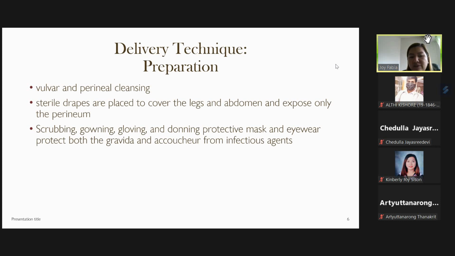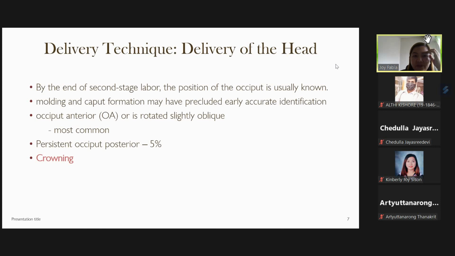Then that's the time that we should do the scrubbing, gowning, gloving, and donning a protective mask and eyewear to protect not only the accoucheur, or us, the doctors or midwife, but also the patient from infectious agents.